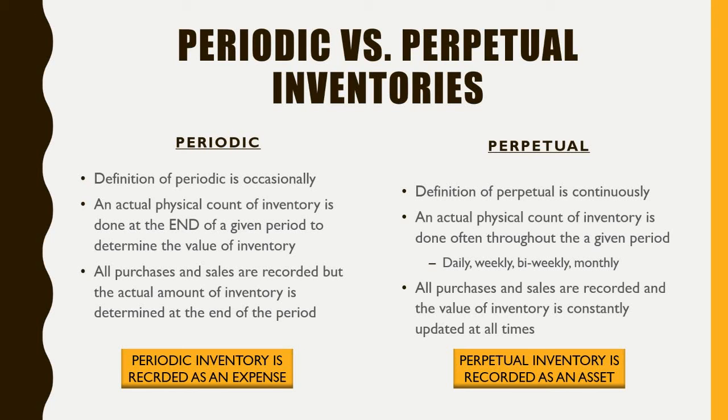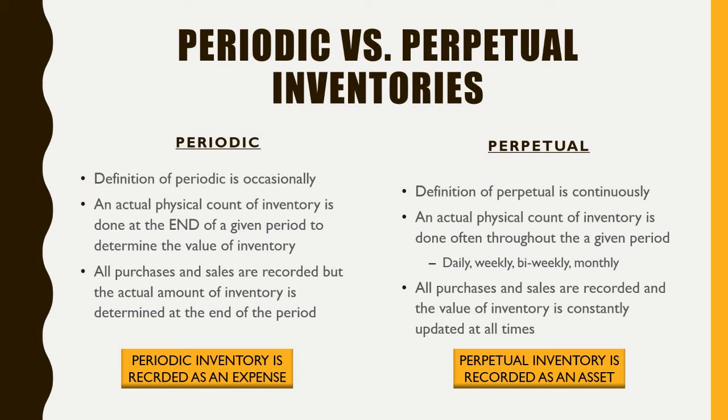Whether it's on a daily, weekly, bi-weekly, or even monthly basis, you will know how much you should have in your inventory at all times, because you're keeping it tracked that way. Every purchase you make, you update inventory, and every sale you make, you take it out from inventory.